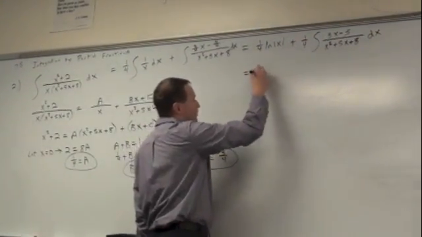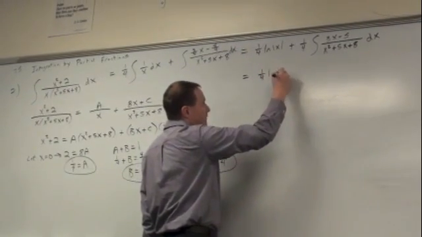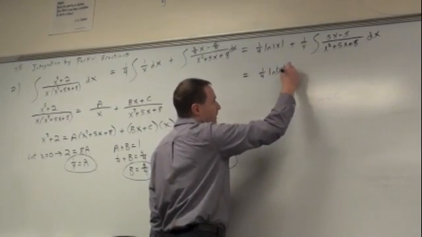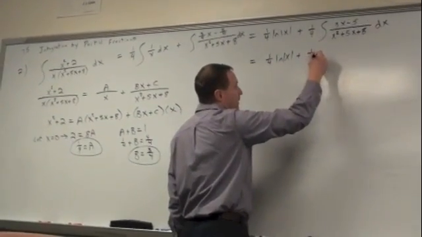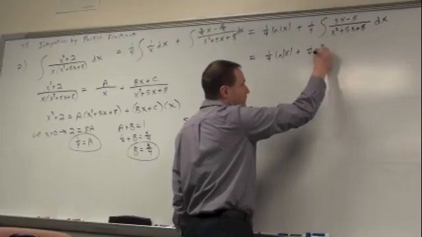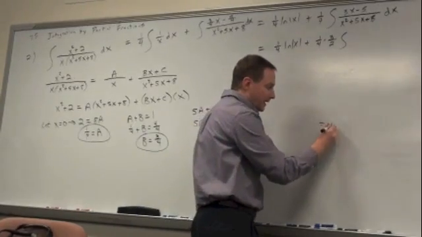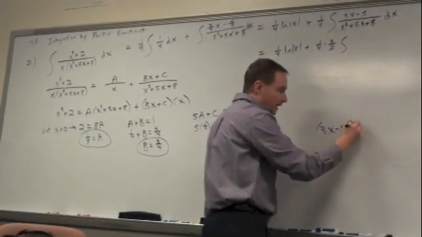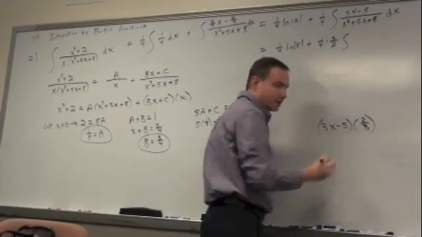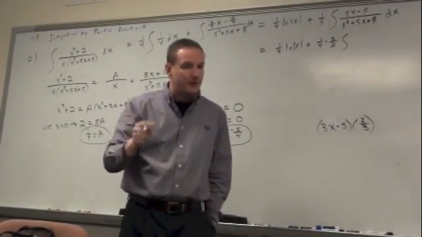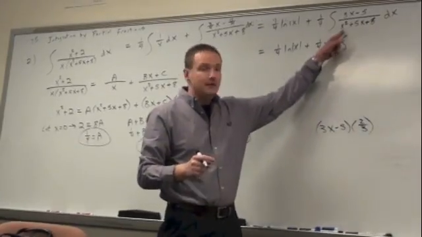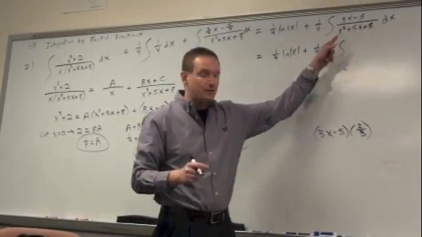So I'll say, okay, 1/4 natural log of x plus 1/4. I'm going to multiply by 3 over 2 on the outside because I'm taking 3x minus 5 on the inside and multiplying it by 2/3. And I do that for the very purpose I knew I needed the coefficient of x to be 2.